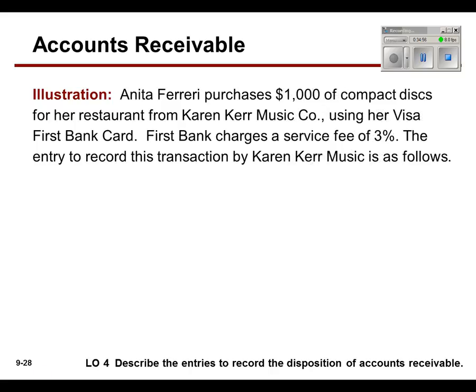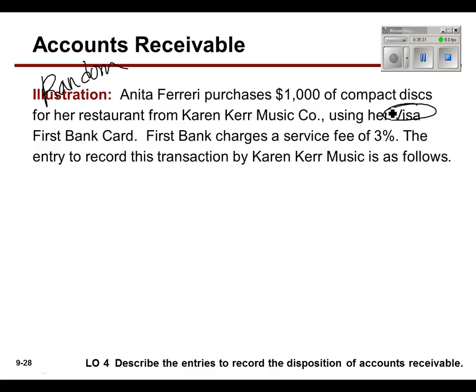This is a random one thrown in. Anita Ferrari purchases $1,000 of CDs for her restaurant from Karen Kerr Music Company using her Visa, keyword there, Visa, First Bank card. If she buys something on a Visa for $1,000, is it a straight up $1,000 purchase?